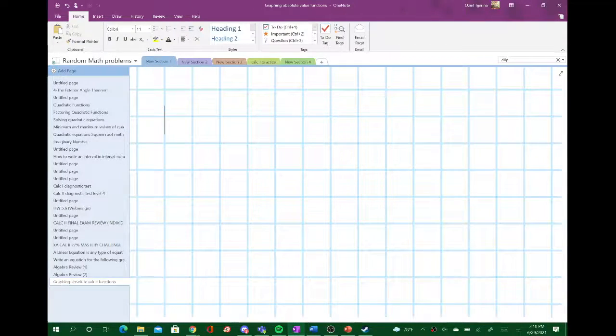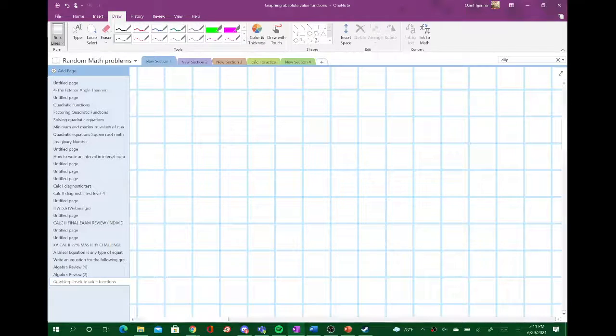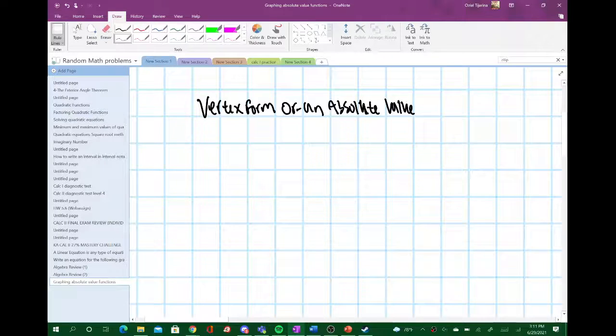So to graph an absolute value function, one of the things that we have to know is the vertex form of an absolute value function. Basically that form is y equals, and I'm going to go ahead and color code this.